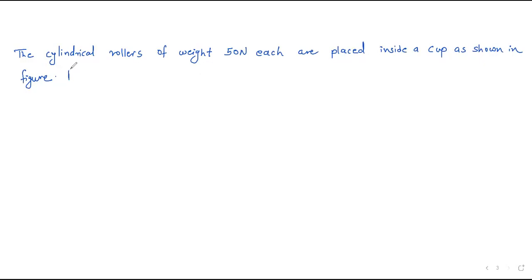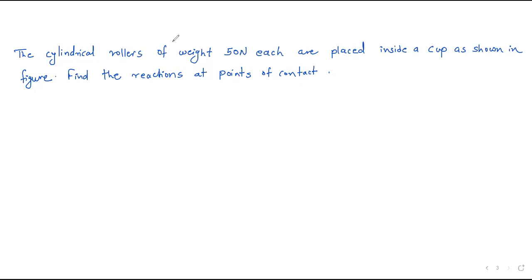Find the reactions at points of contact. Okay. So this is the given numerical. Cylindrical rollers of weight 50 Newton each are placed inside a cup as shown in figure. Find the reaction at the contact point.